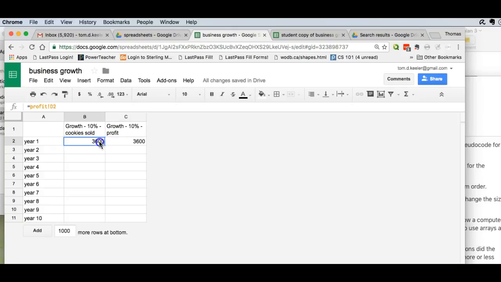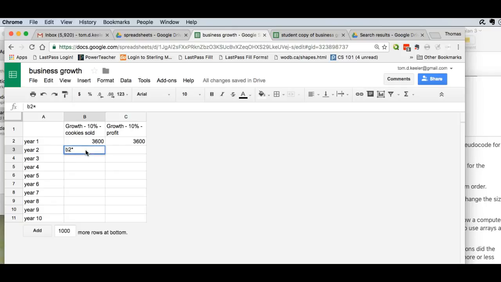So now, what would it mean to have 10% gain? So we'd take whatever was in this cell and we'd say we're going to expand our sales by 10% in the next year. Maybe we're going to do more advertising. And so we'll start off and we'll say whatever is in B2, and we're going to multiply it.